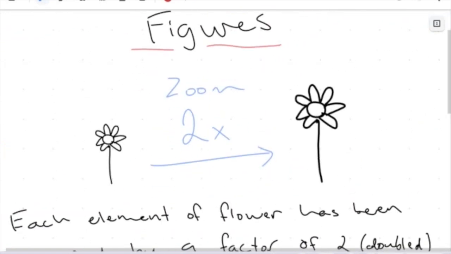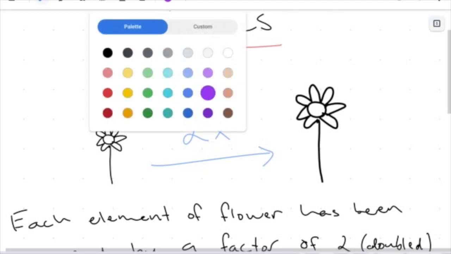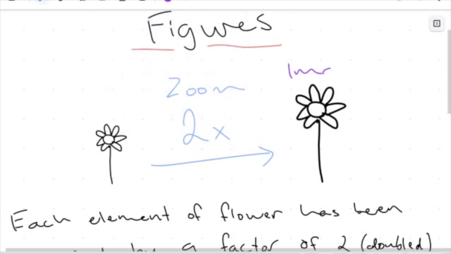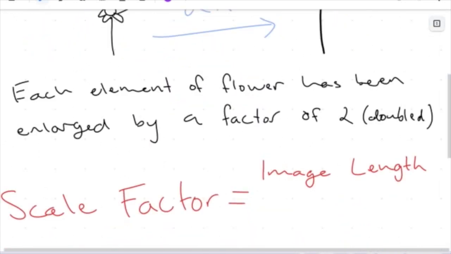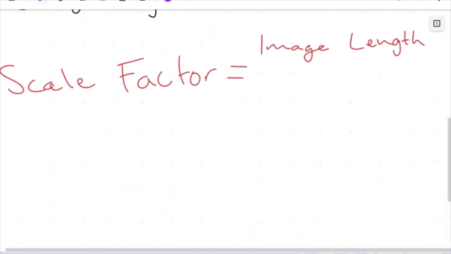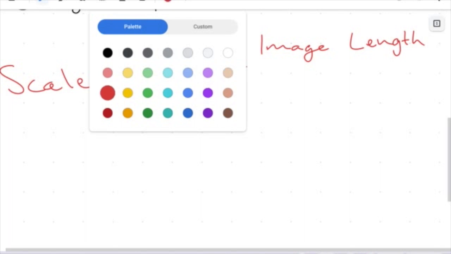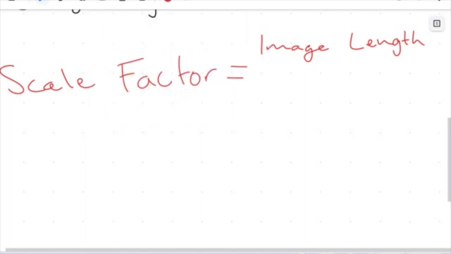This one here on the right is our image, the new flower that emerges once we zoom. And the one here is our original. So to find by how much this has been enlarged, we're going to take the image length and divide it by the original length.